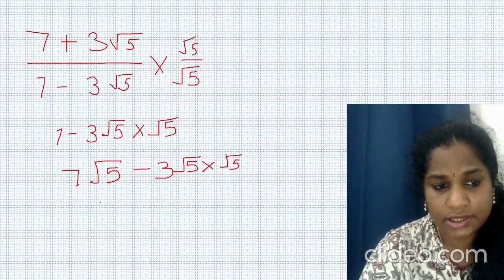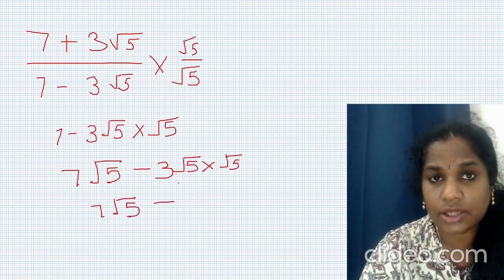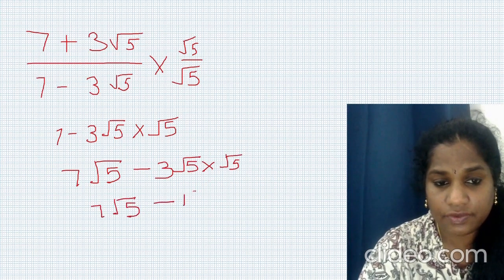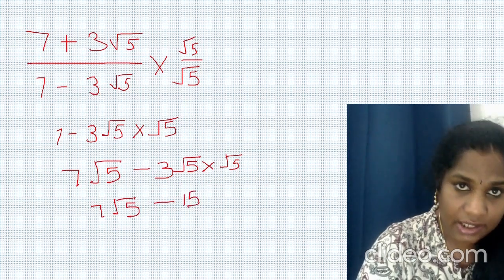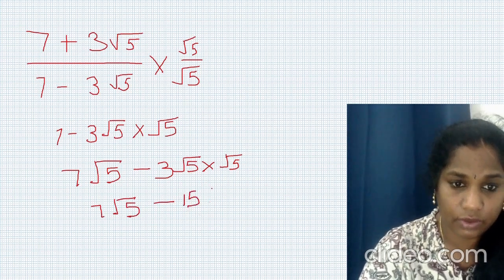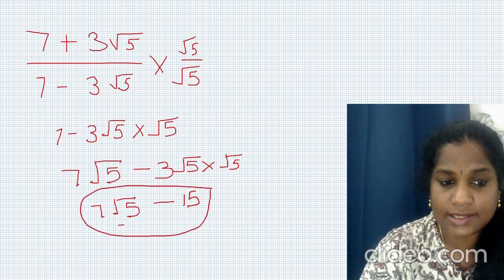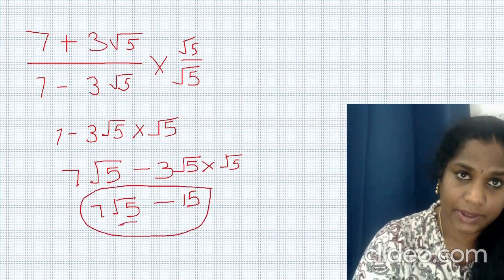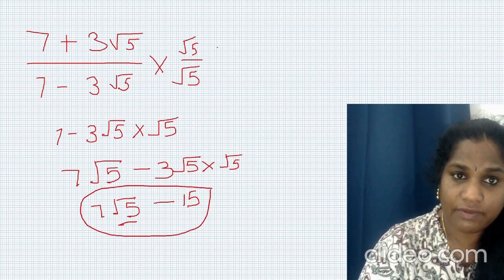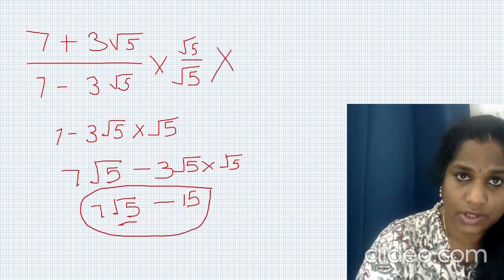Then I will get 7 root 5 minus 3 into 5, which is 15. Again we are at zero level only. Why? Because see, the denominator still has an irrational number. So that is why we will not follow this process.